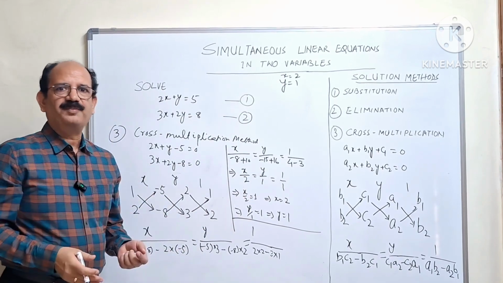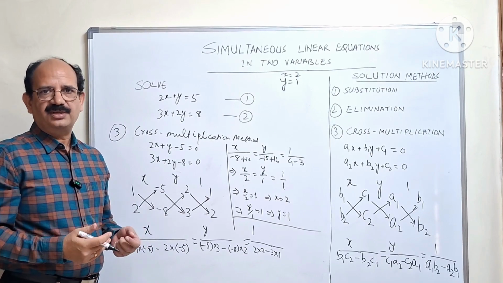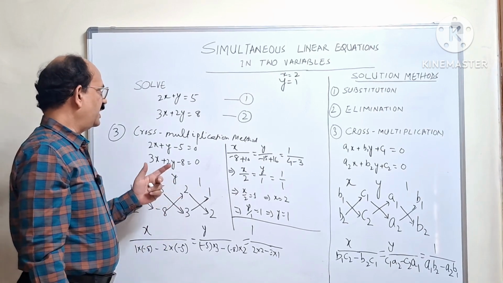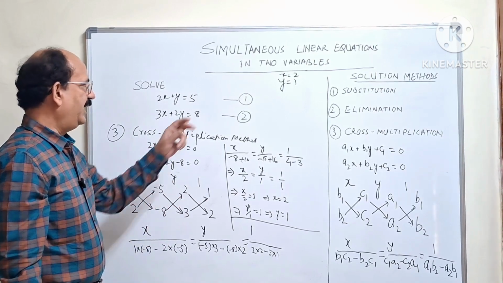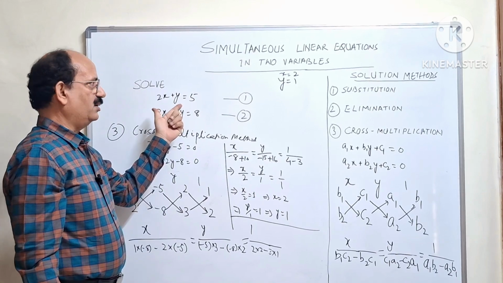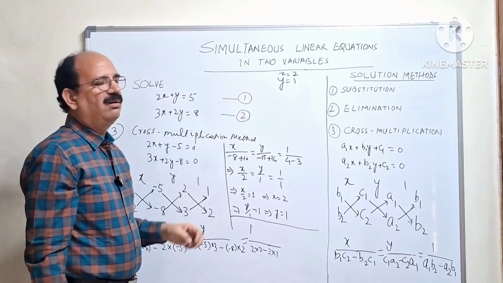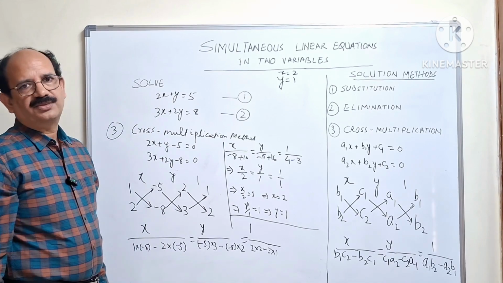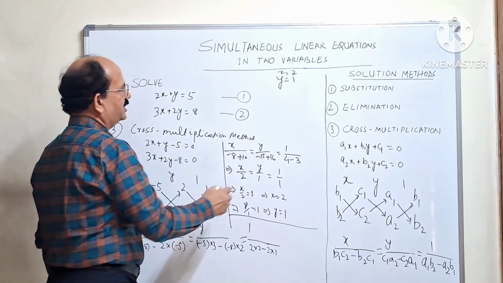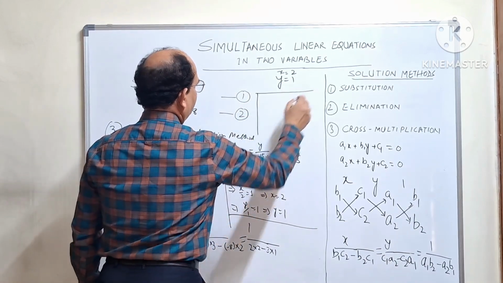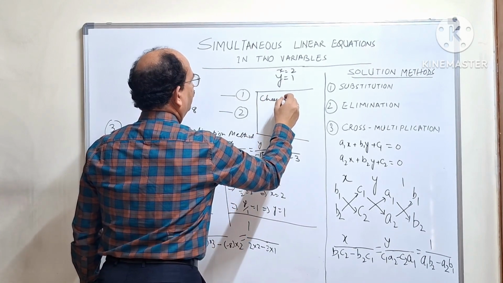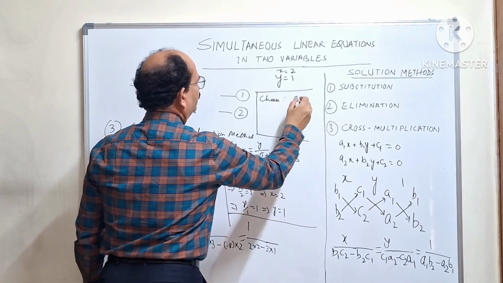It is always a good practice to check whether your solution is correct or not. Now, to get the value of x, we used equation 1 because we had y equal to 1, and after that we have used equation 1. So let us check it with equation 2 whether my solution is correct or not. Let's do the check from equation 2.